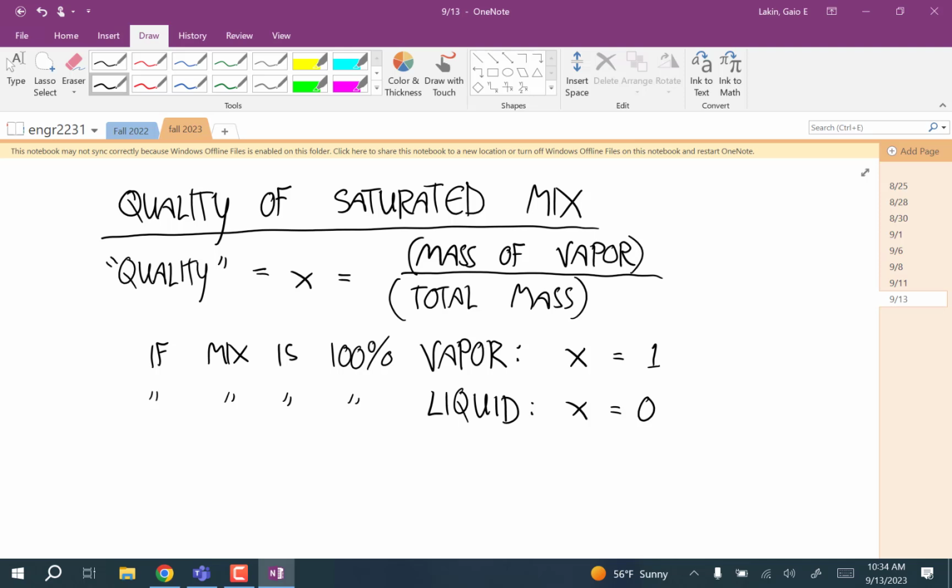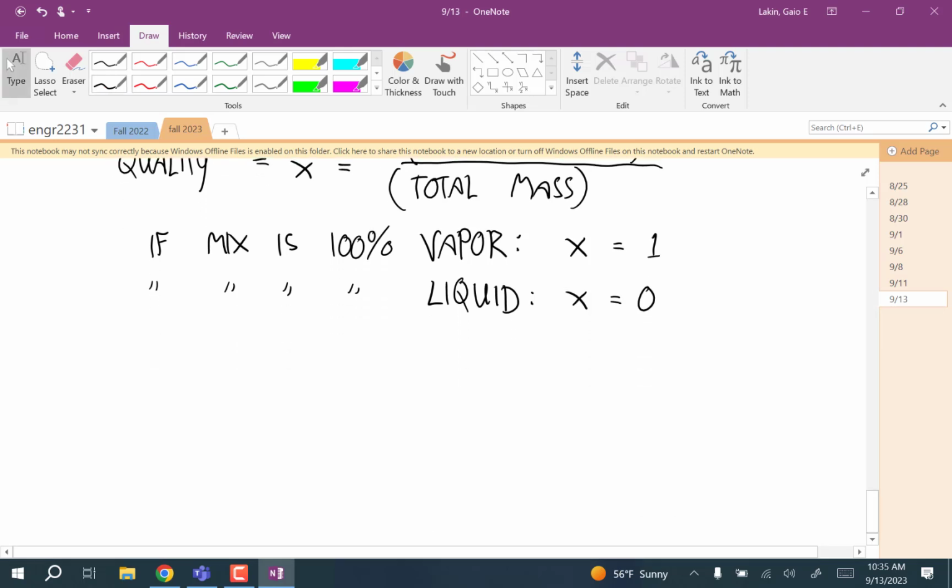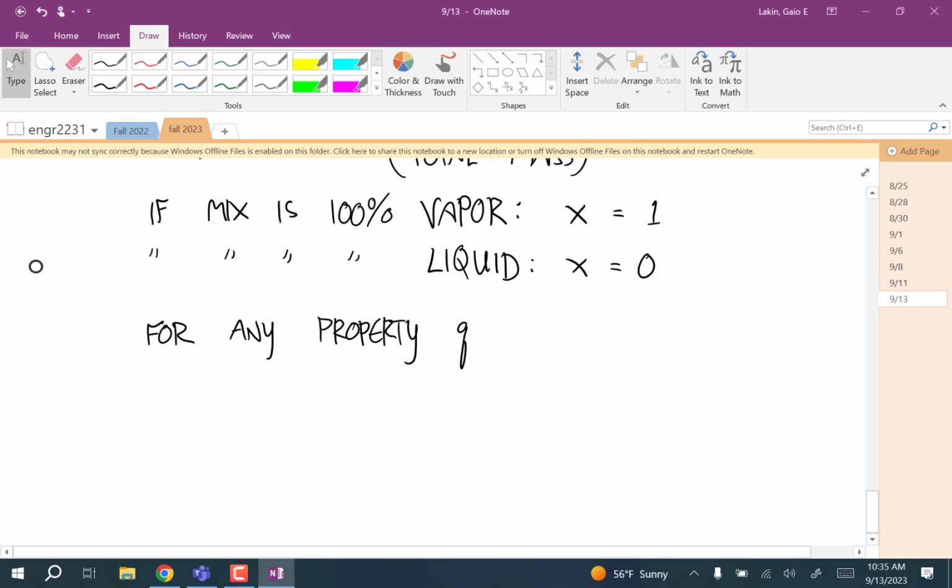And the benefit of this is that for any property Q, the total value of the property is equal to the quality times the property for the vapor, plus, notice that 1 minus x is the mass fraction that's a liquid, times Q for the saturated liquid at those values.